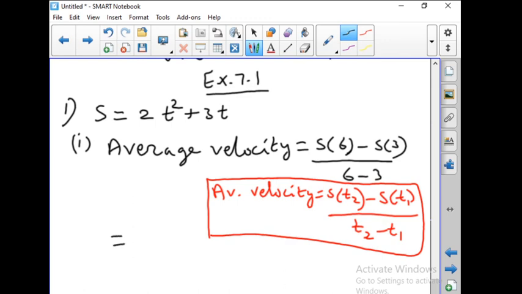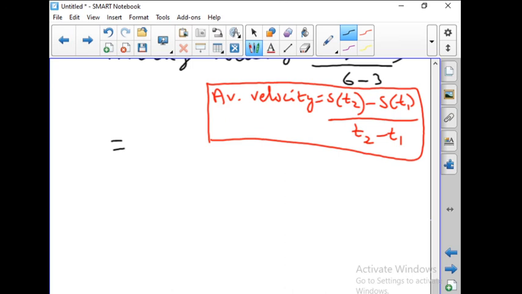Substitute now. Average velocity is equal to, what do you get? S of 6. So first we will find S of 6. So what is S of 6? 2 into 36 plus 3 into 6.